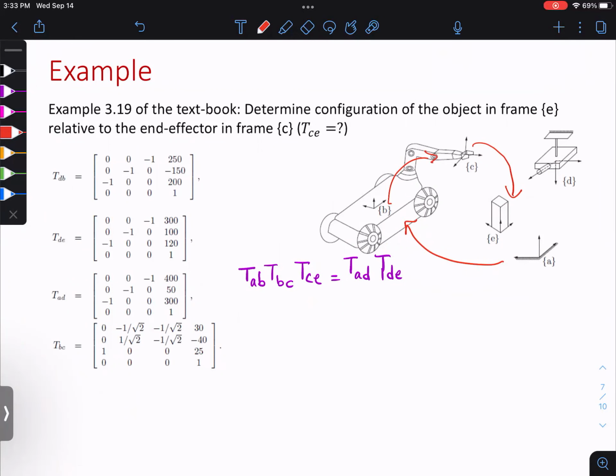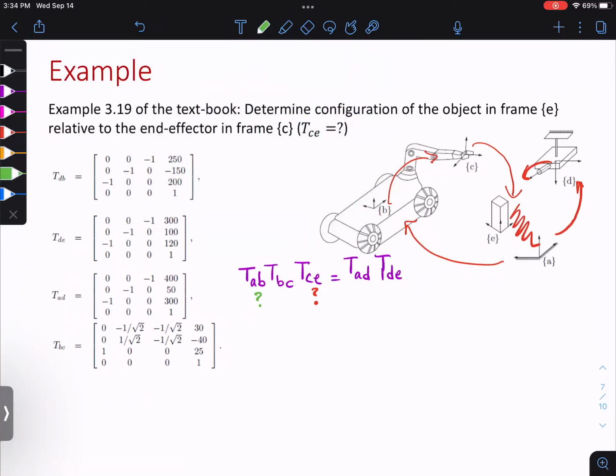So one is TAD, TDA. Basically we are going around these two loops, right? We don't have TCE and we're trying to find it. We don't directly have TAB, all right? So we don't panic.